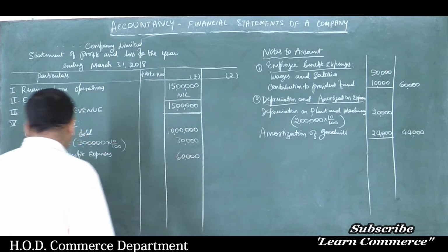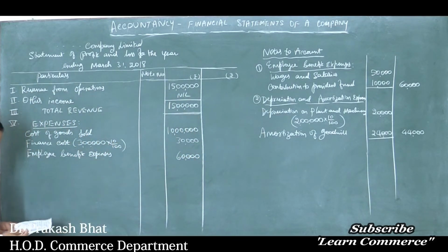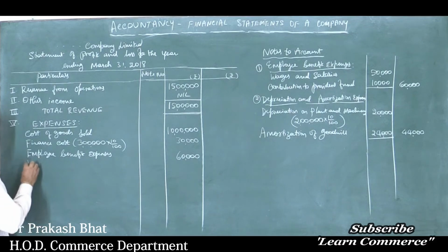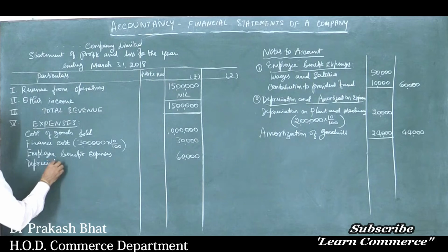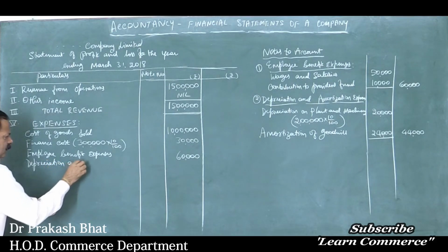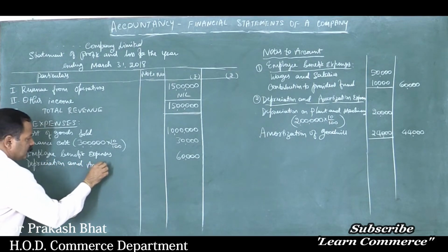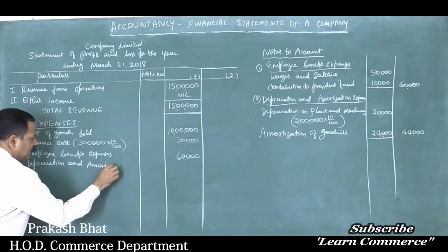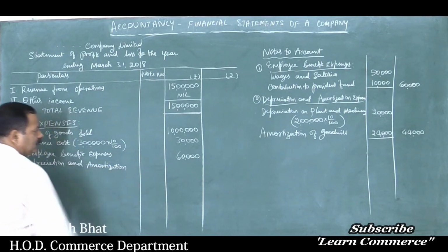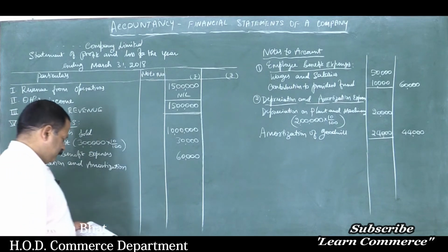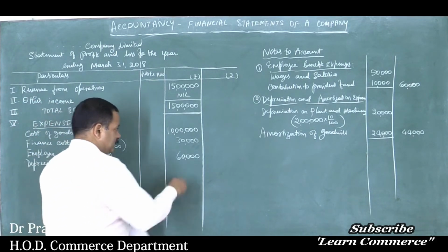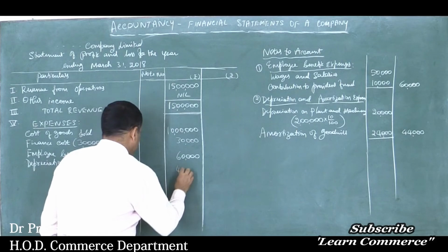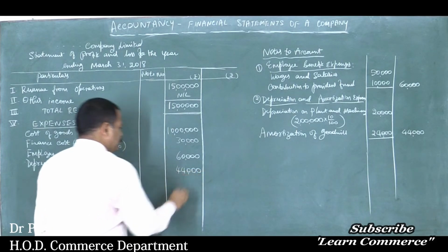Now let us continue with your employee benefit expenses. After that, depreciation and amortization, how much? 44,000.